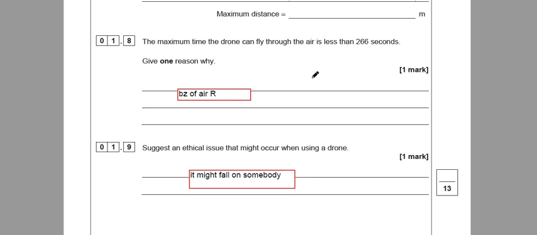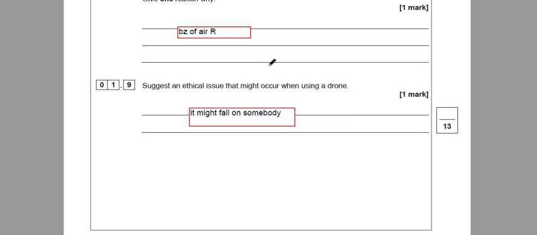Because there is friction with air, or air resistance, and this air resistance opposes the force of the drone's motor, so the energy drained from its battery by the motor will be consumed faster, and so the time it remains flying would be less. Okay.